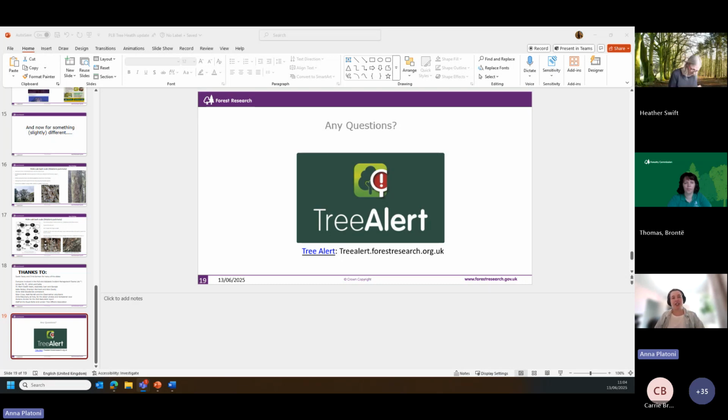It also means we definitely have your contact details and a lot of the information we need to follow up. With iNaturalist, although we monitor it, it can be a bit difficult to find where was meant and contact the person that reported. So we monitor it just to check in with people that might not know about Tree Alert, but Tree Alert would always be our first preference.